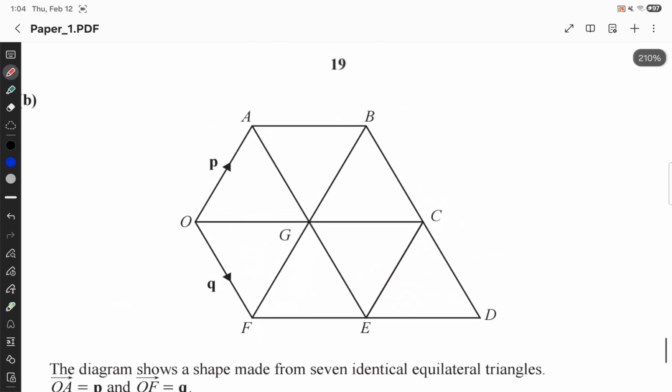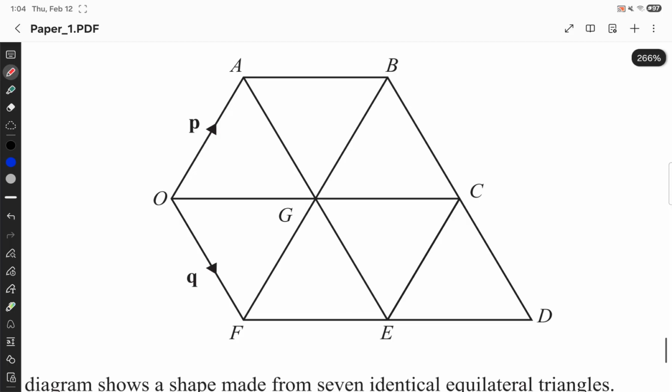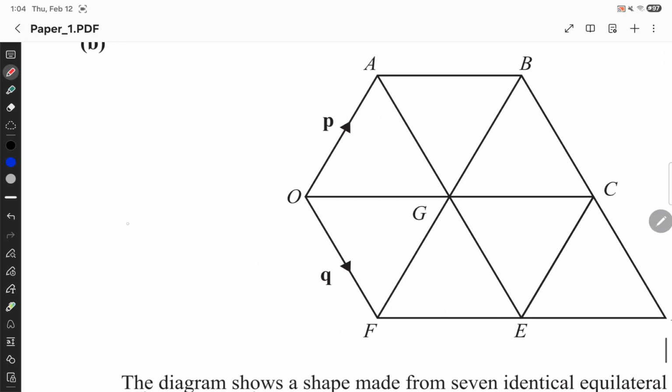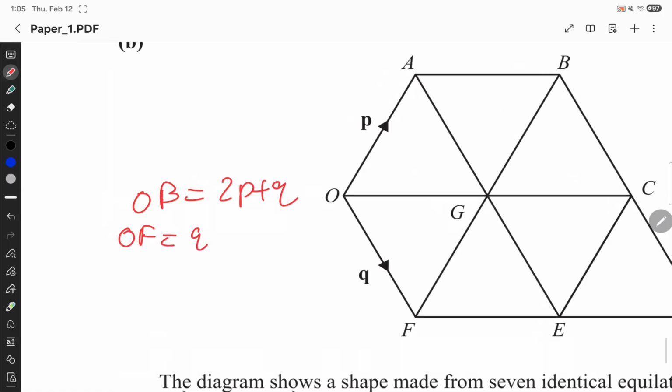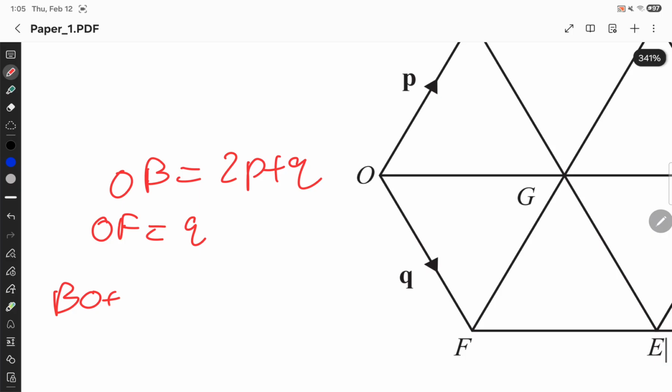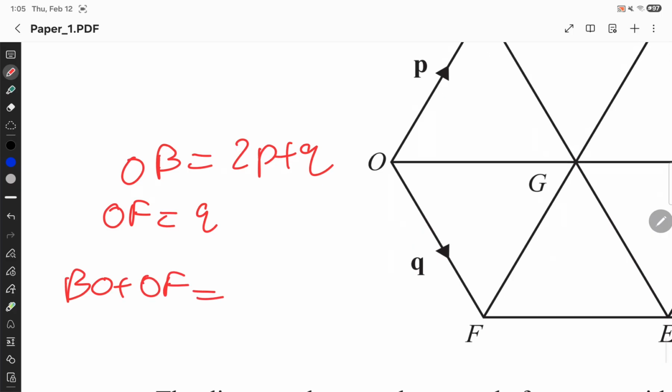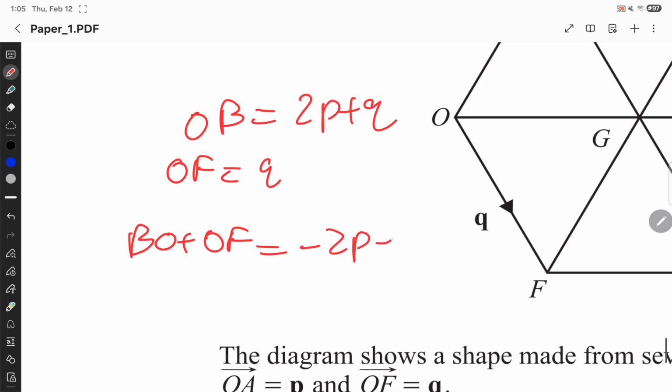Let's find FB. You can just go OB is equal to P plus Q plus P. So this is 2P plus Q, and OF is equal to Q. Now we need to do BO plus OF, head to tail, as I mentioned, and BO is negative 2P minus Q plus Q. These are negative vectors.